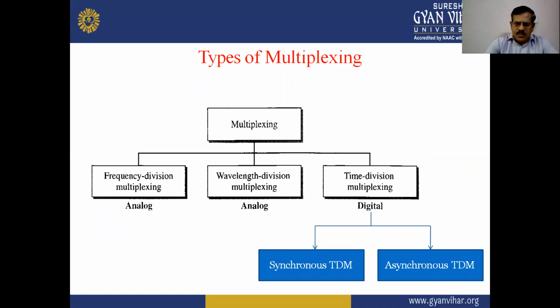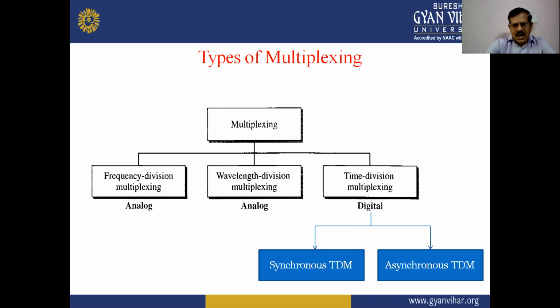What are the types of multiplexing? Multiplexing is classified into different types. First one is frequency division multiplexing, FDM, that is analog multiplexing. Second one is wavelength division multiplexing, WDM. This is also an analog multiplexing technique.